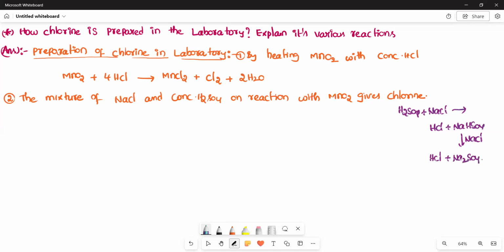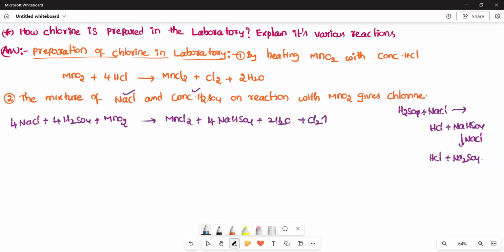Means indirectly you can produce HCl from the reaction between NaCl and H2SO4. So therefore, 4 NaCl plus 4 H2SO4 plus MnO2 gives rise to MnCl2 plus 4 NaHSO4 plus 2H2O plus Cl2 gas. So this is the important laboratory preparation of chlorine.